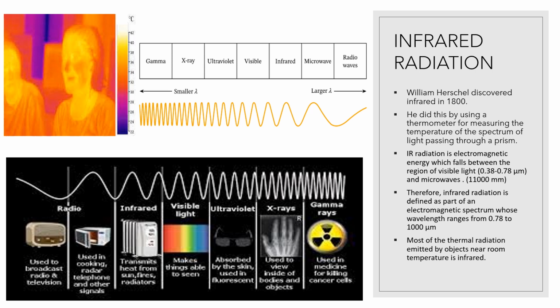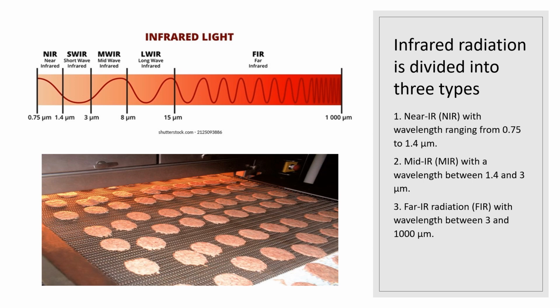The image which you are seeing on the extreme left of this slide shows how a person appears when exposed to infrared radiation. Infrared is divided into three types: near infrared, mid infrared and far infrared.